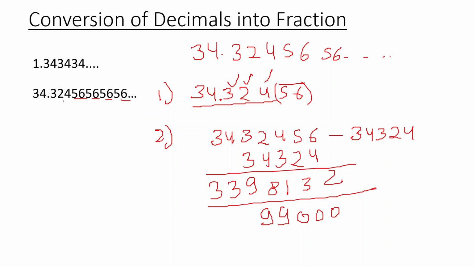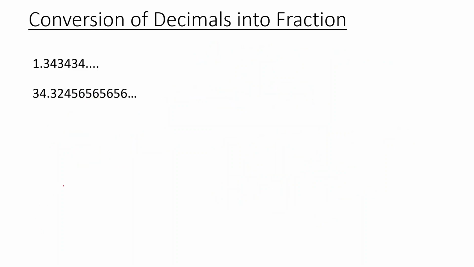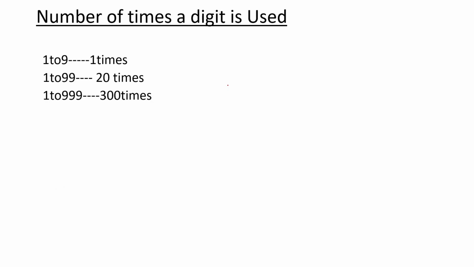So the answer for the p by q form of this number will be 3398132 divided by 99000. So this is the method to convert any decimal into fraction. This is the easiest way to do it. So remember this method, and I will add some questions that you need to solve.